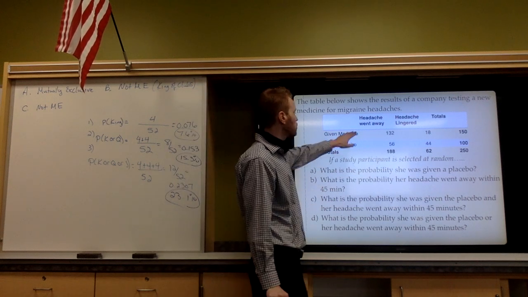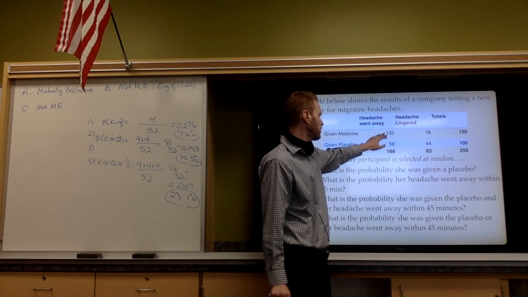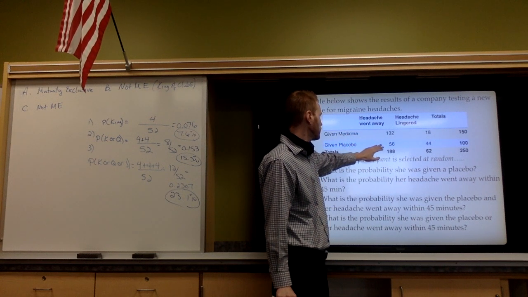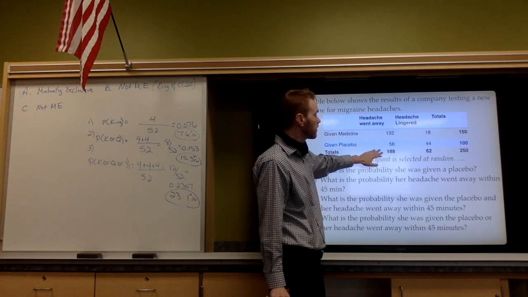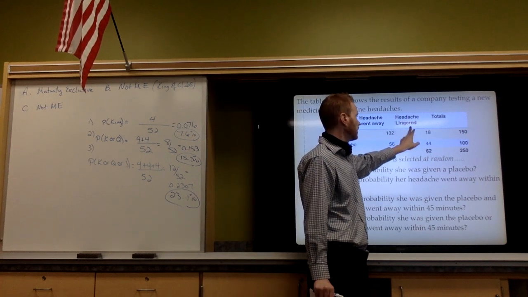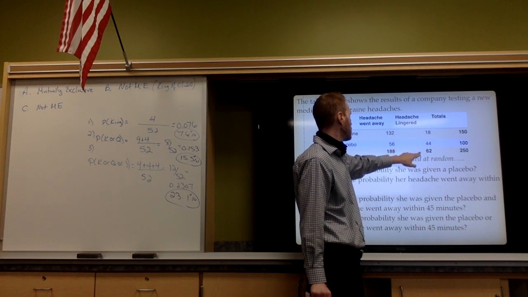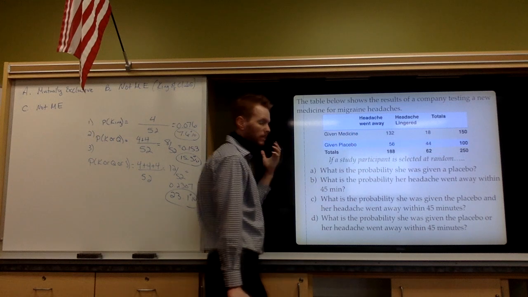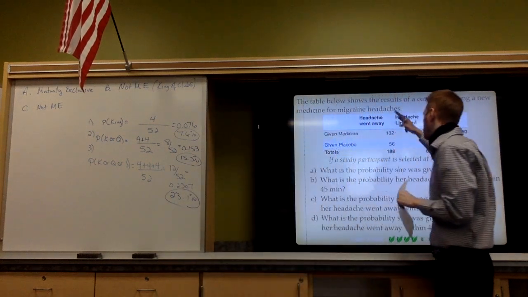So, headaches went away. Given medicine, 132 were given the medicine. 56 were given the placebo. 188 of them had their headaches go away. Headaches that lingered: 18 were given the medication, 44 were given the placebo, and 62 of them didn't have their headaches go away. So that's what it means when you read it by column.